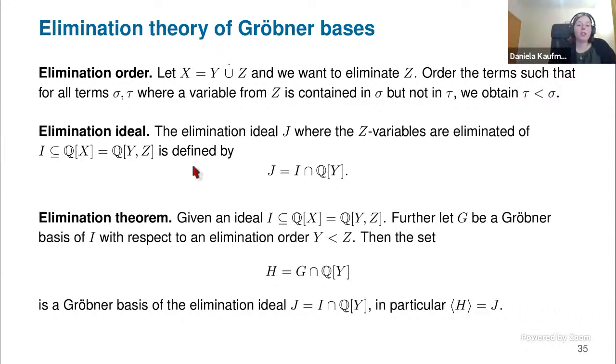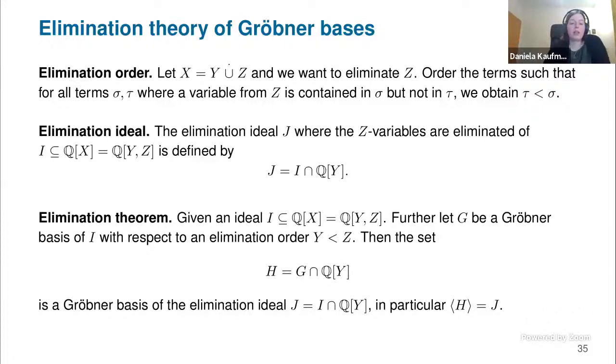The elimination ideal is then simply defined as the intersection over the polynomial ring with the variables which we want to keep. And the elimination theorem of Gröbner bases tells us how we can compute a Gröbner basis for the elimination ideal, because obviously we want to have a Gröbner basis for our method to work.